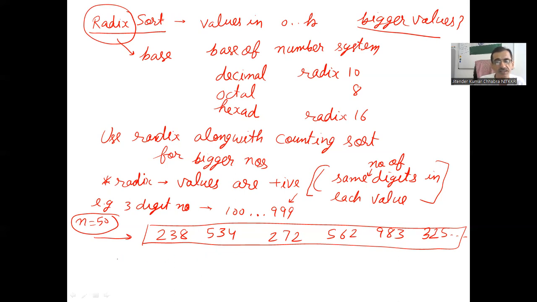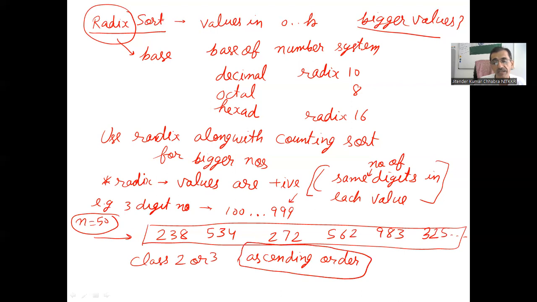But you will be surprised to know that the concept of radix sort probably came from observing how you did sorting in your class 2 and 3. You must have arranged numbers in ascending order in class 2nd or 3rd, and at that time you must have found it very difficult, and many a time you might have made mistakes.